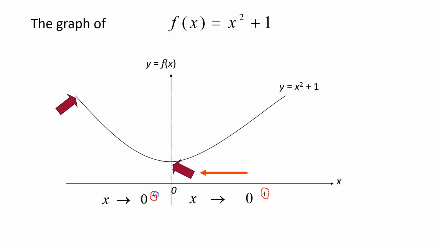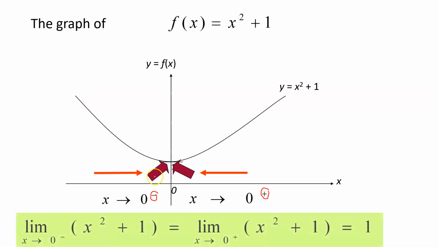When you have negative, it means that you're approaching 0 from the left. So how does the graph behave? What happened to the graph is that it moves downwards, approaching the 0. Okay, dia turun, semakin menurun. Okay, dan semakin menghampiri 0.